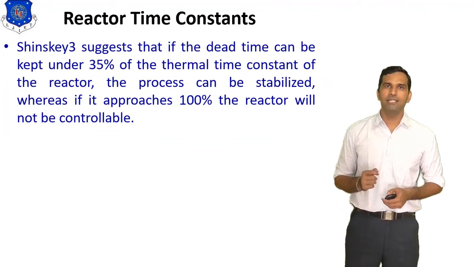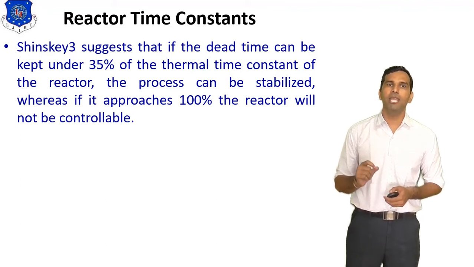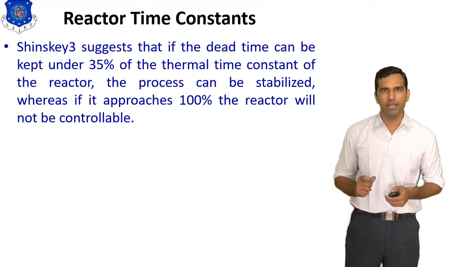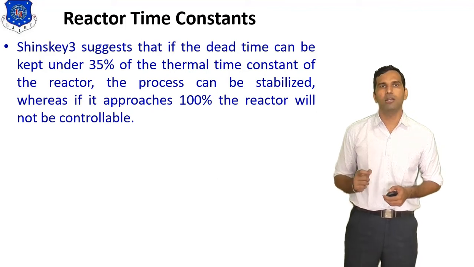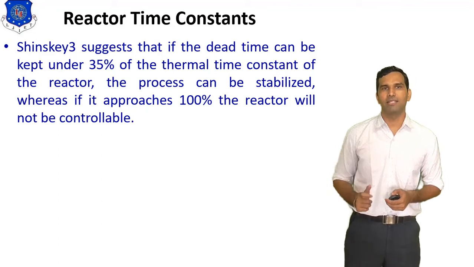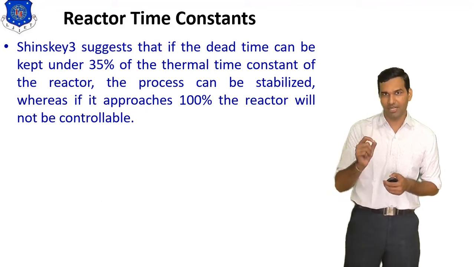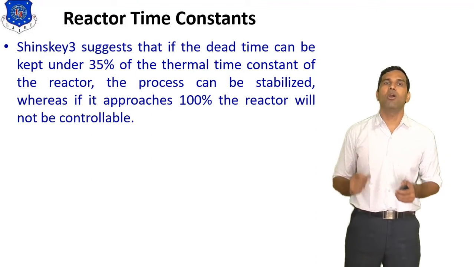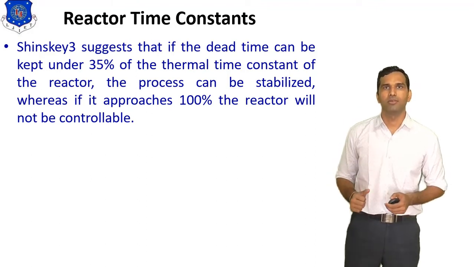Now, Shinskey suggests that if dead time can be kept under 35% of the thermal time constant of the reactor, the process can be stabilized. Whereas if it approaches 100%, the reactor will not be controllable.